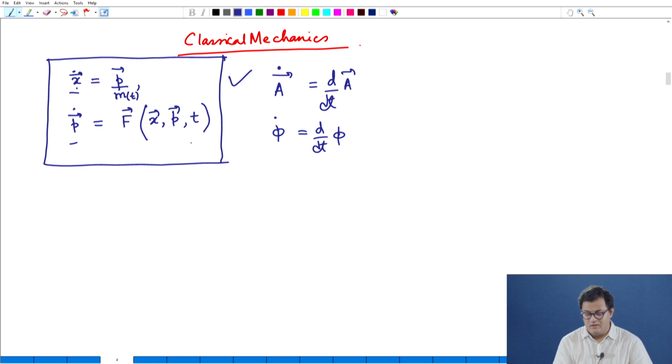If I write m(t), that is redundant, so instead I just write t. On the other hand, x and p should be here, because f can be an explicit function of x, of p, and of t. Whatever be the nature, according to that we have to solve or handle the situation.